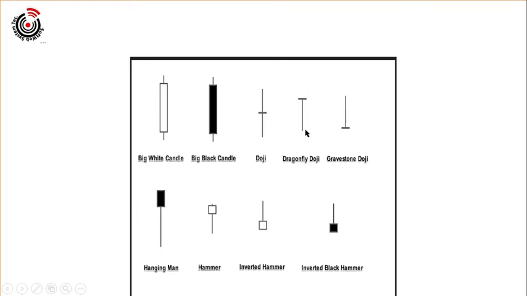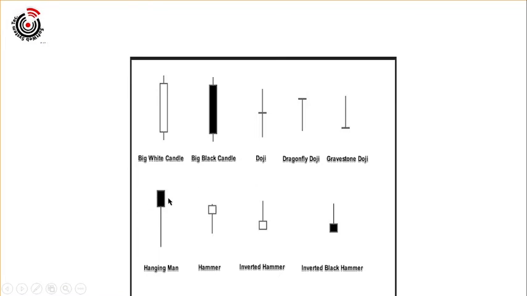So whenever you see a long wick like this, what it tells you is that there is a particular event that happened which ended with one party winning. What I mean by one party is the fighting between buyers and sellers in the market. For example, now buyers have won this battle while sellers have won this battle. That is the meaning of this long wick here. Okay, so I hope you are able to remember.